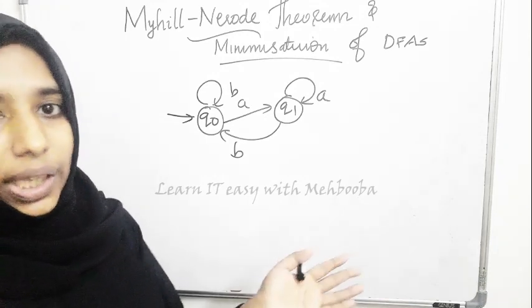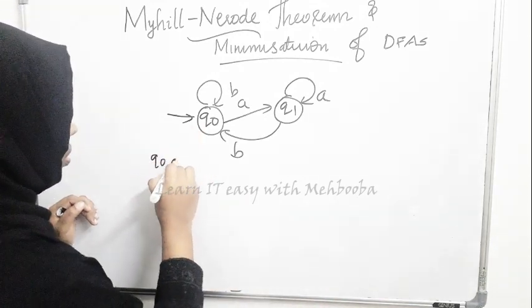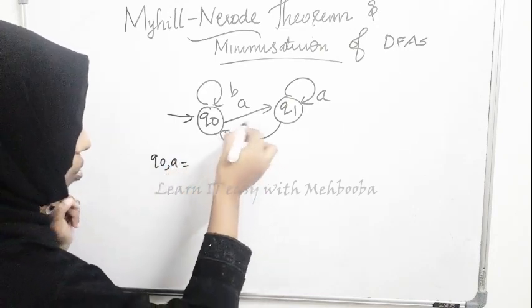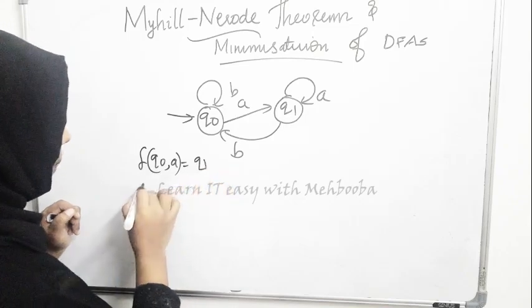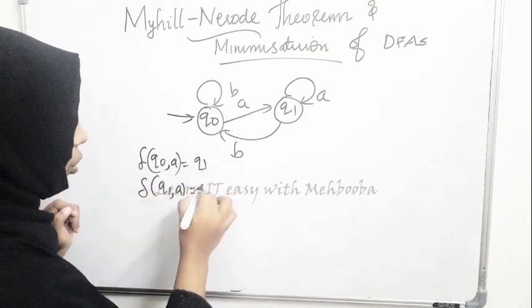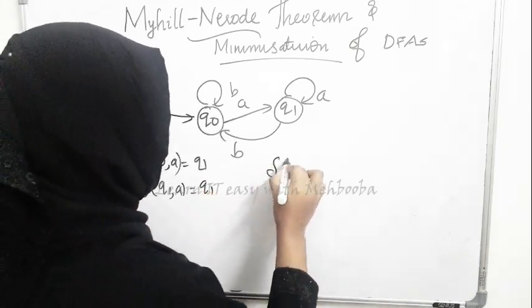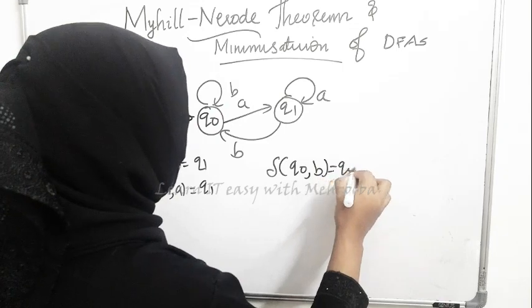So looking at the transitions on A, delta Q0 comma A is Q1, and delta Q1 comma A is Q1.